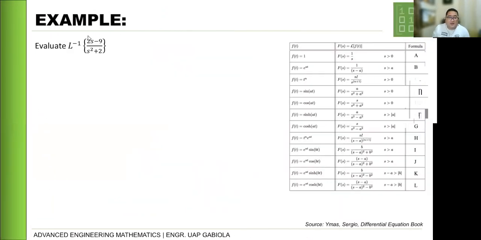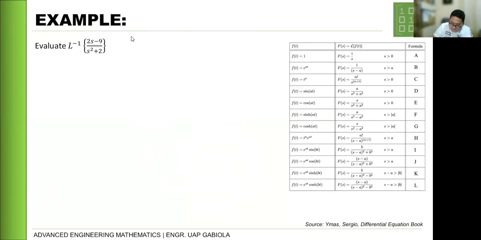So we have here 2s minus 9 all over s squared plus 2. So we are having a rational function, no, or a rational fraction wherein our numerator and denominator are set of polynomials. Okay, so in these cases, what we can do is to separate the value of the numerator, or we can actually separate this into two terms, bearing in mind that we can use the same denominator for both terms, no?